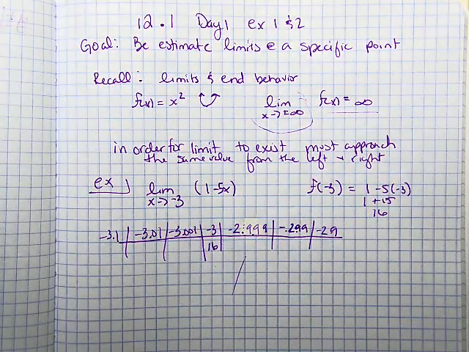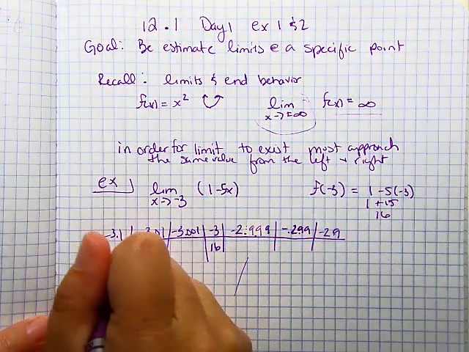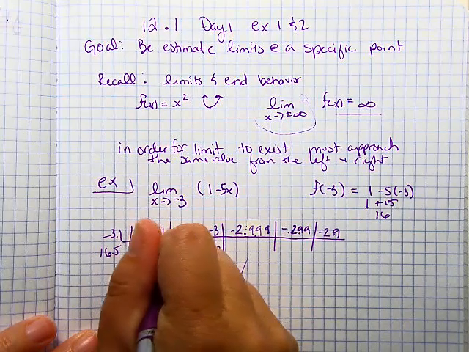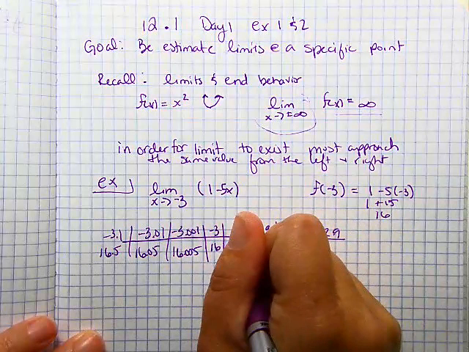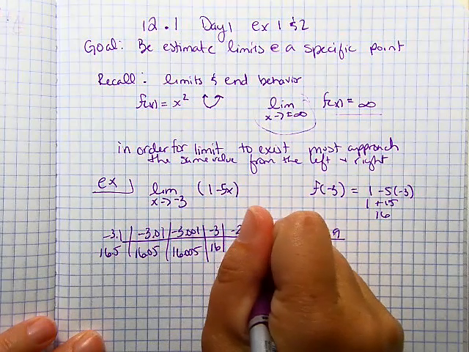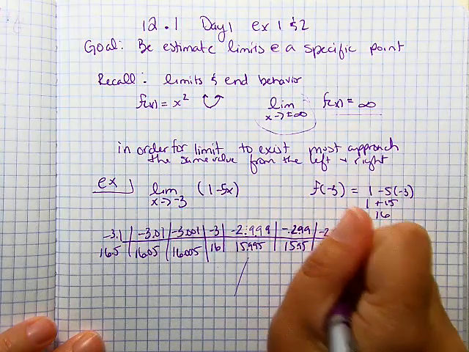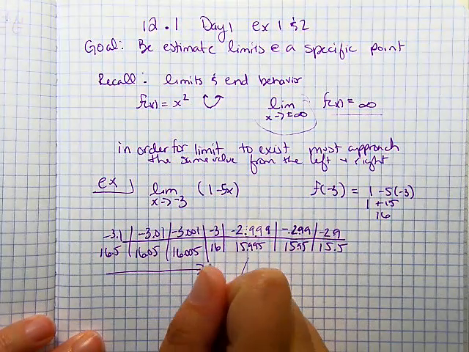And we plug these values into our calculator, and I get 16.5, 16.05, 16.005, and sure enough, this is 15.995, 15.95, and 15.5. And so it is approaching 16 from the left.